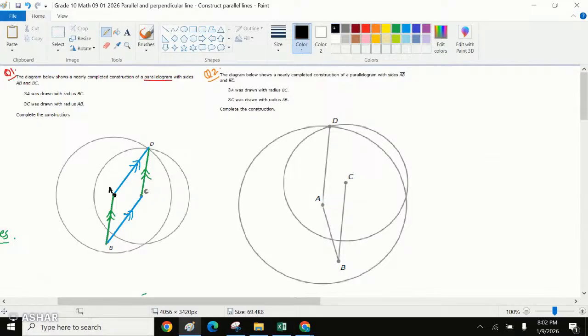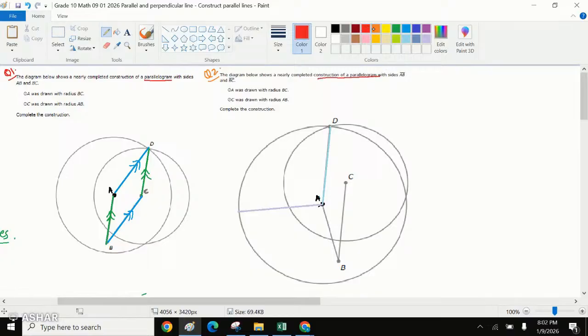Okay, we have been told that the point A is the center of the larger circle, right? That means this would be the radius of A, right? Or this could be the radius of A. Agreed? This could be the radius. But what we want to do is we want to look at the construction of a parallelogram, right?